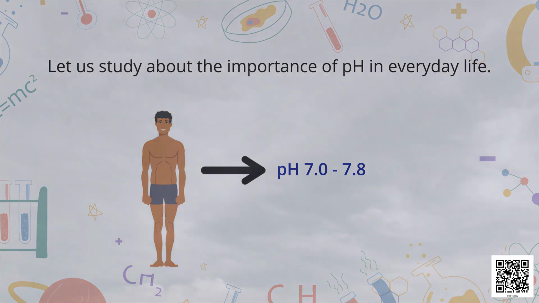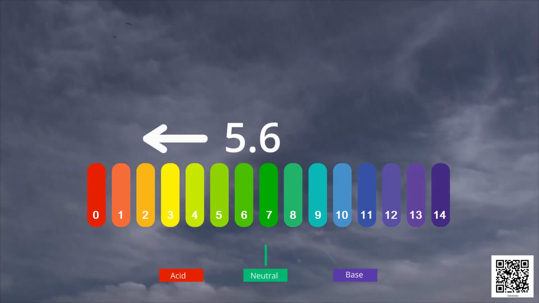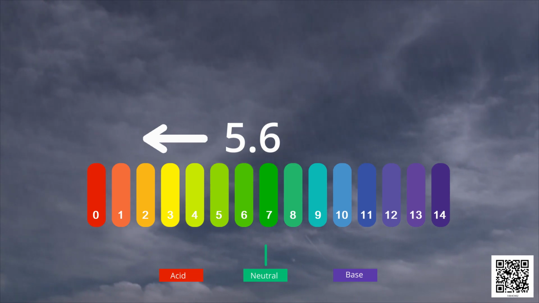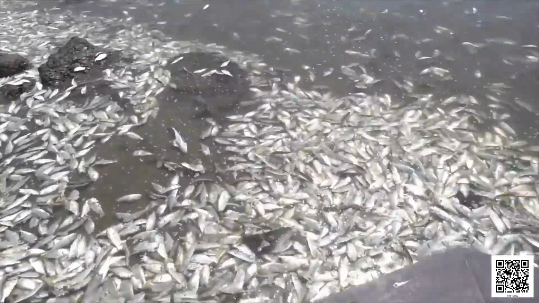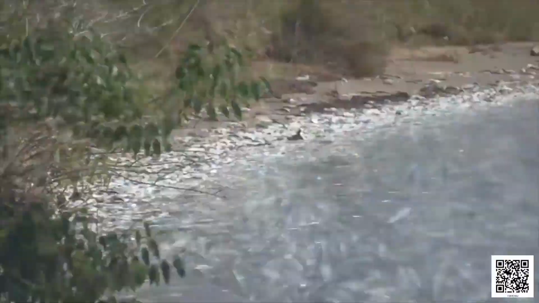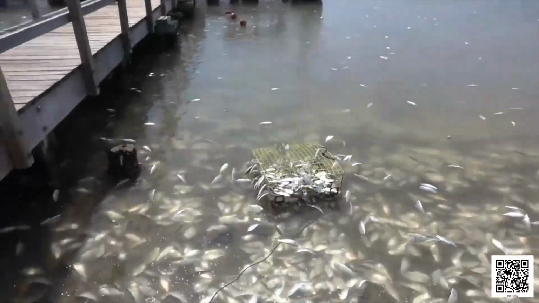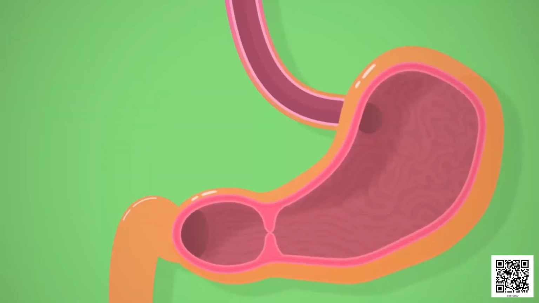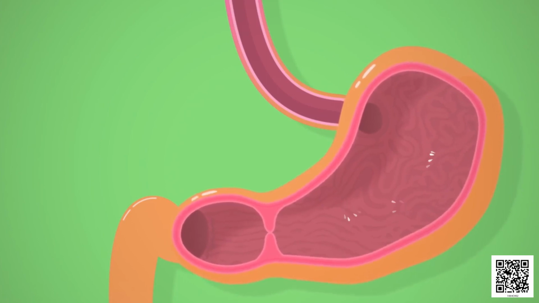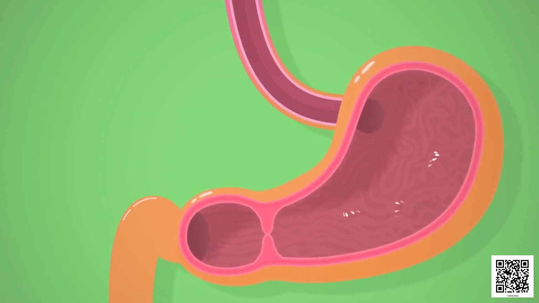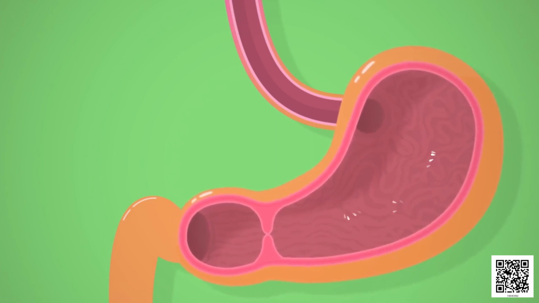When the pH of rainwater is less than 5.6, it is termed as acid rain. When this acid rain flows into the river, it lowers the pH of river water, posing a great threat to aquatic life. Children, it is very interesting to note that our stomach produces hydrochloric acid for proper digestion of the food that we eat.